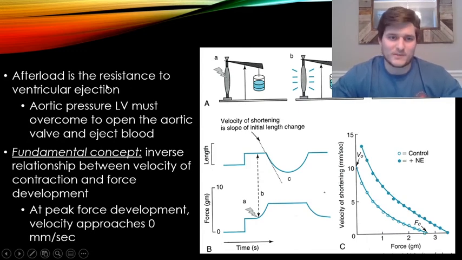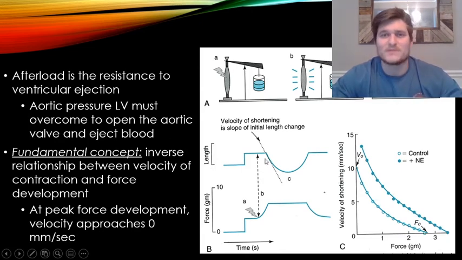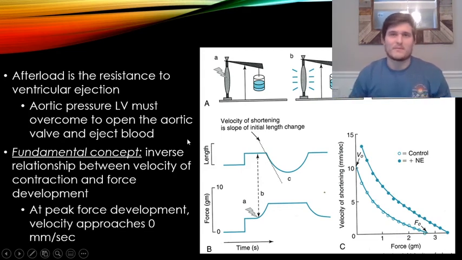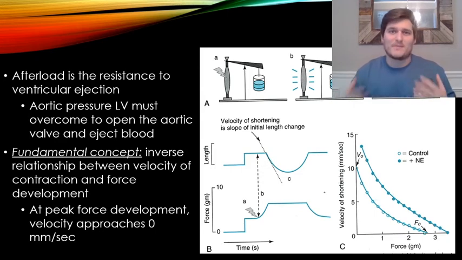Aortic pressure is what the left ventricle must overcome in order to open up the aortic valve and eject out blood. So if there is an increase in the amount of pressure on that arterial side, it's going to limit and decrease stroke volume and cardiac output.